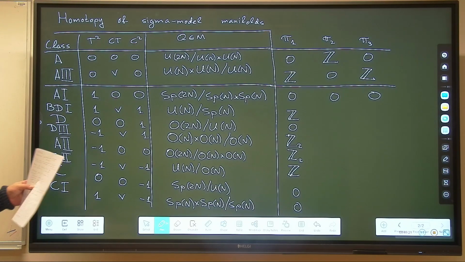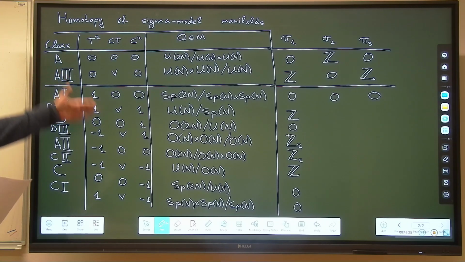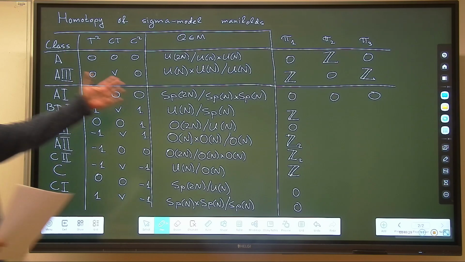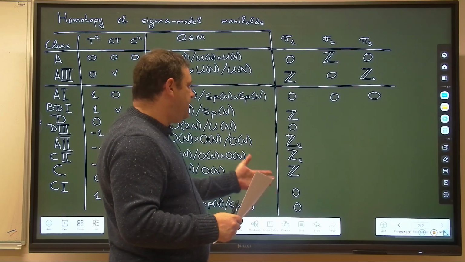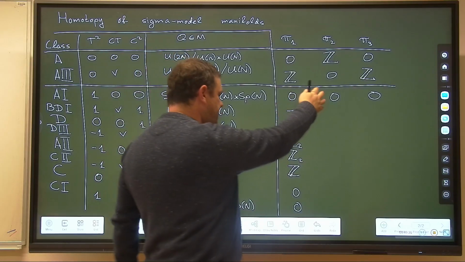And then the nice thing is that this periodic structure of our 8 classes, this cyclic structure of manifolds, leads to some periodicity in this picture here.